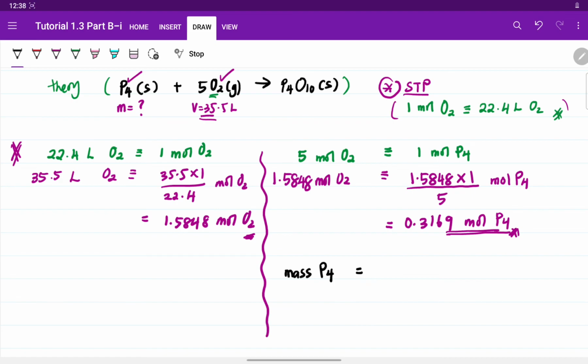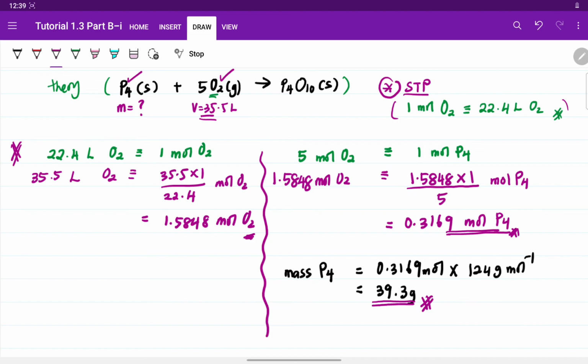Jadi dekat sini, number of mole 0.3169 mole times the molar mass of phosphorus, is 124 gram per mole. So you will get the mass of phosphorus as 39.3 gram. Gram dekat sini. So this will be your final answer.